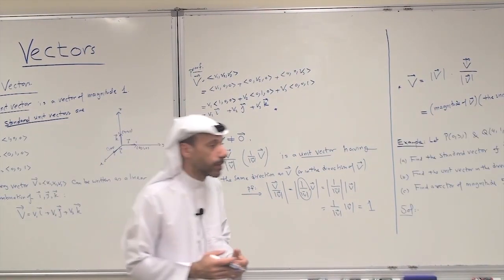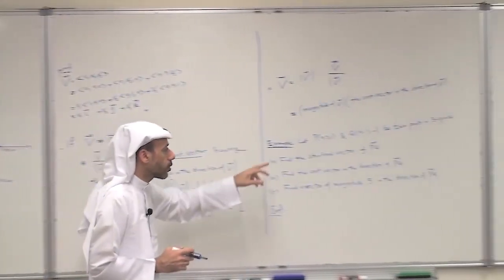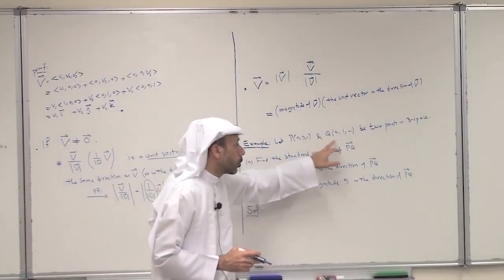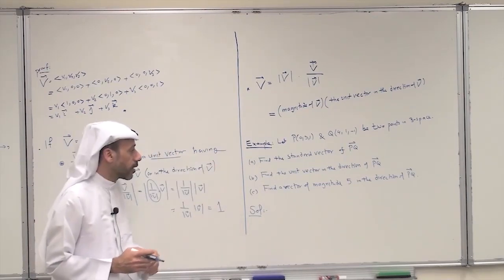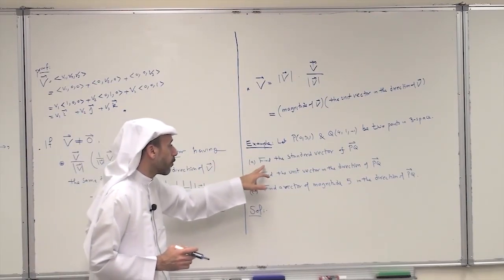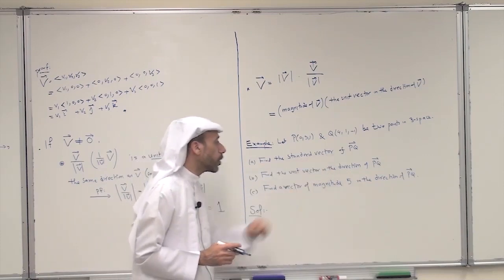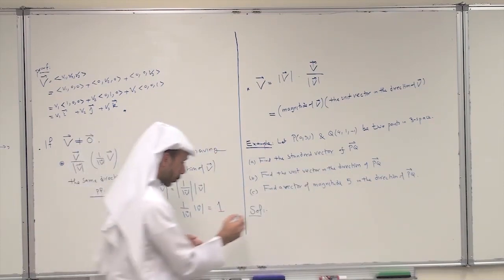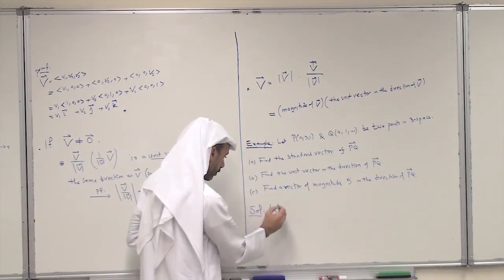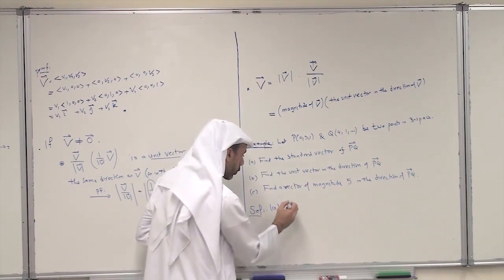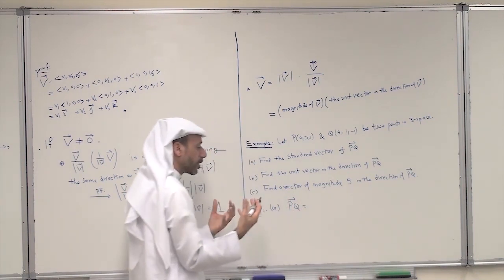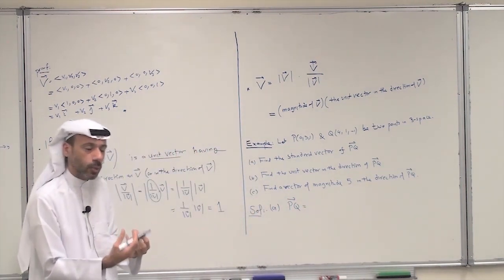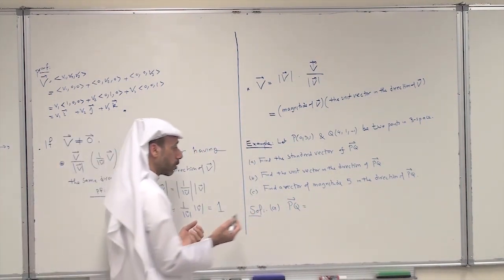Let's now consider one example about vectors. Let P and Q be 2 points in 3 space, and we need to solve the following questions. The first one: find the standard vector of PQ. So for part A, we need to find the standard vector equal to the vector PQ.